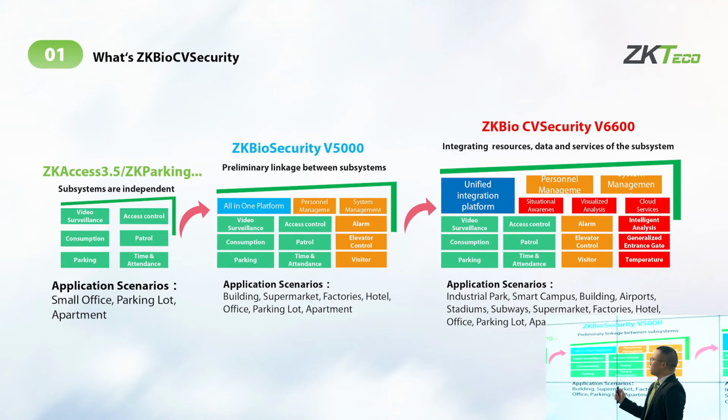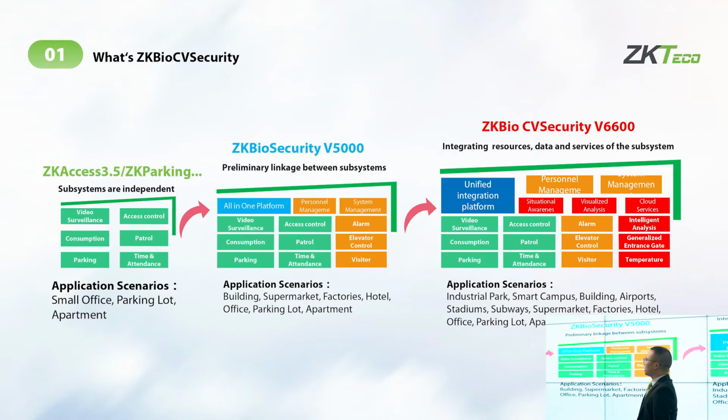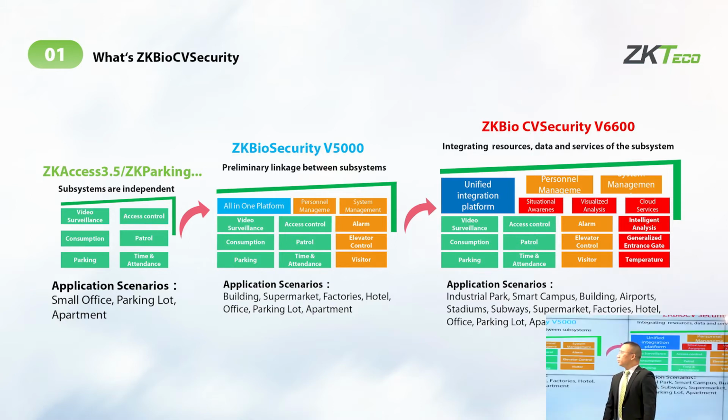The third generation we call ZKBio CVSecurity, which is the main topic today. We can see, especially in the red color set, there are several modules like cloud service, AI, video surveillance, and intelligent analysis. Also, we add the temperature module.